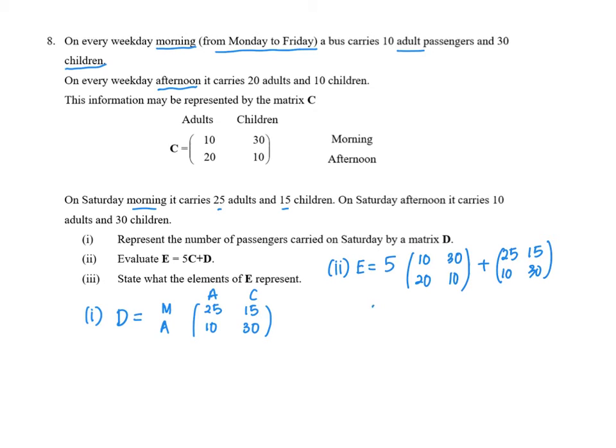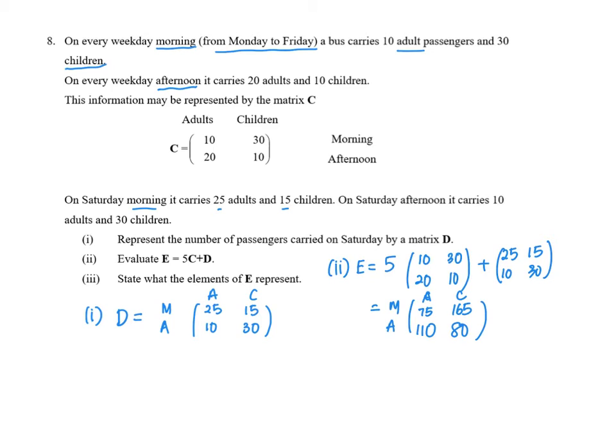And we'll be able to get our answers for morning and afternoon, adults and children, for a total of 5 weekdays and 1 Saturday. Okay, and we get the following answer.